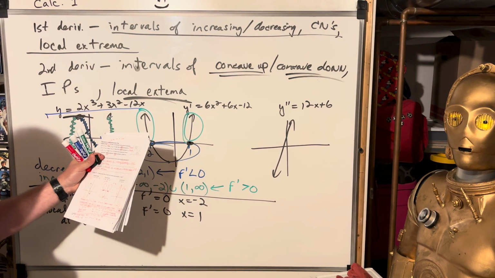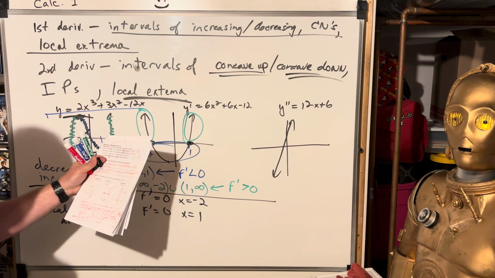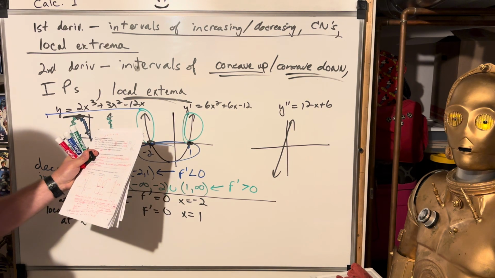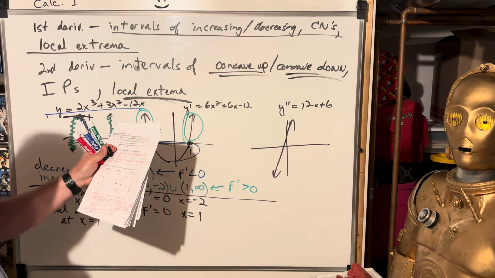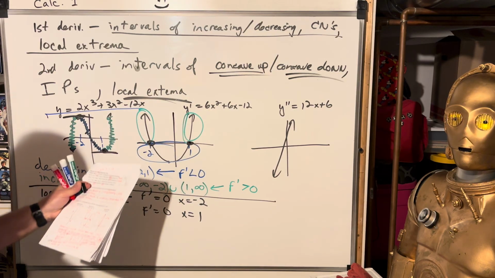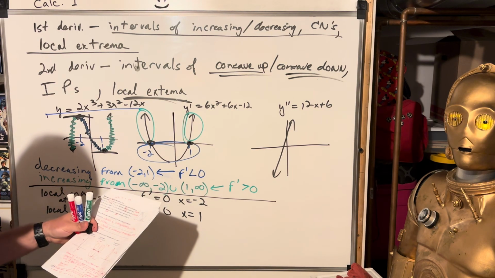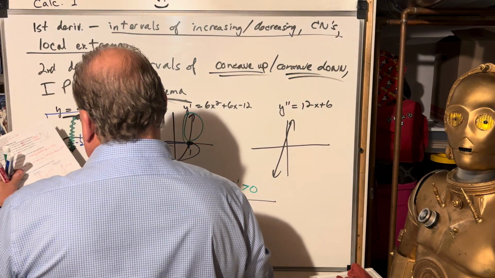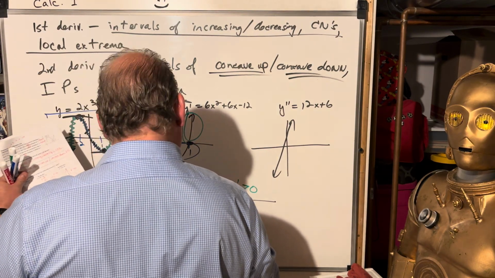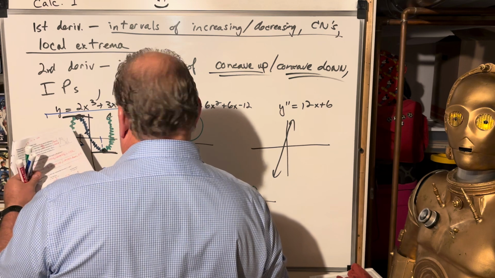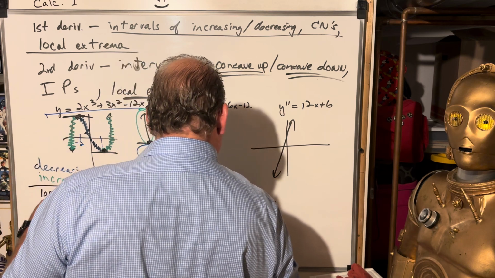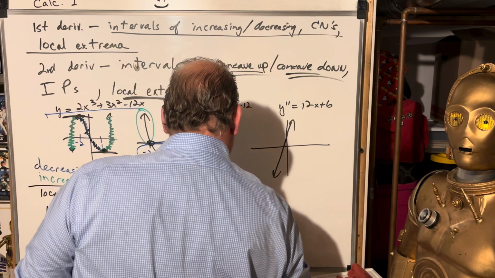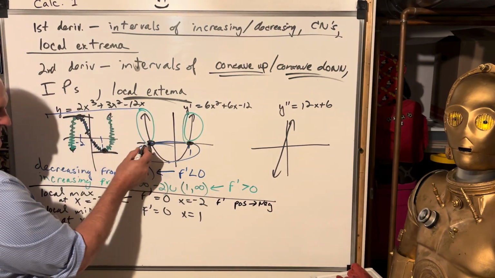What else do we know? You can tell whether it's a max or a min if you're going positive to negative. So look, for -2, f prime is going from positive to negative. It's not as obvious here.